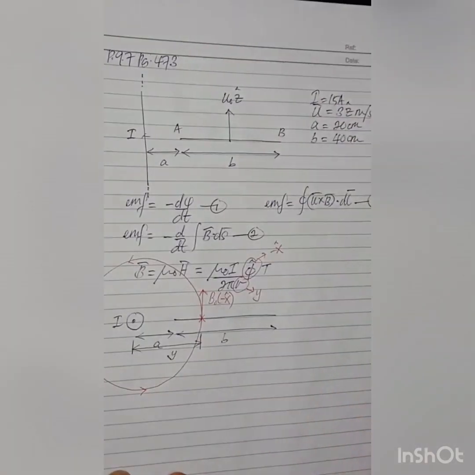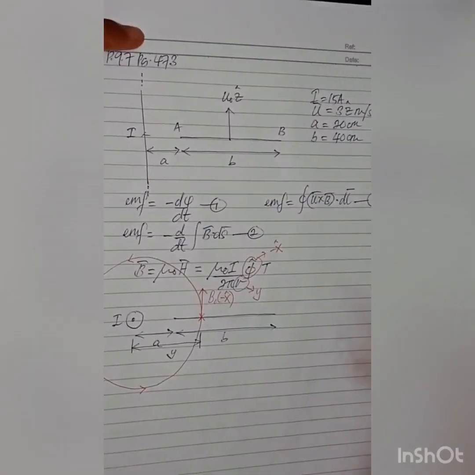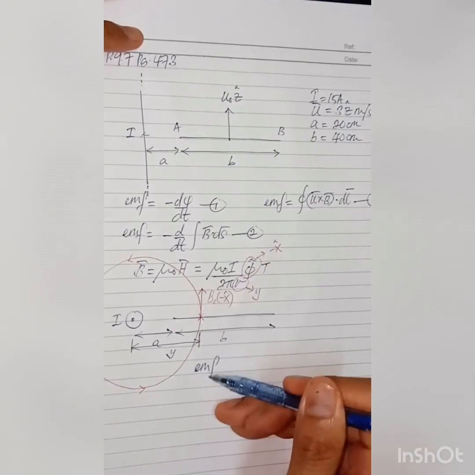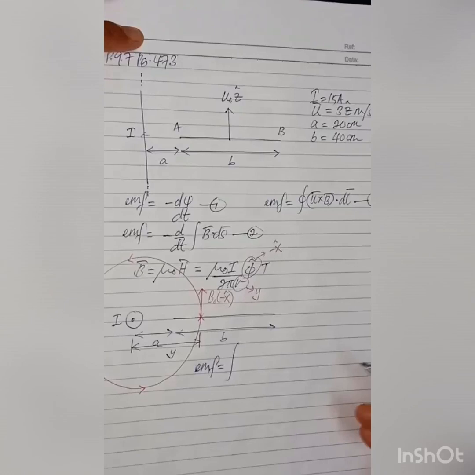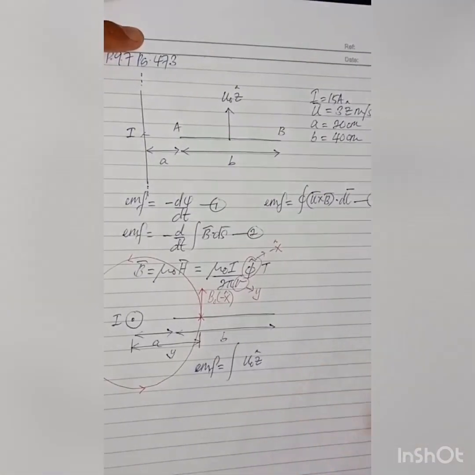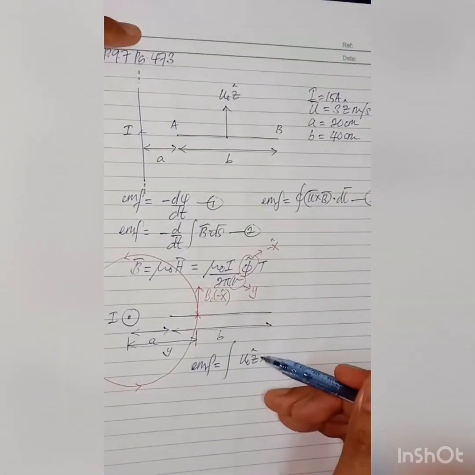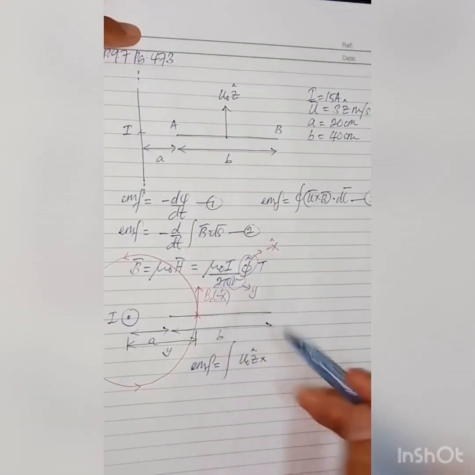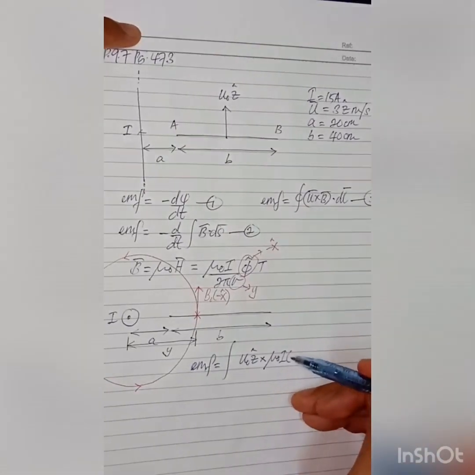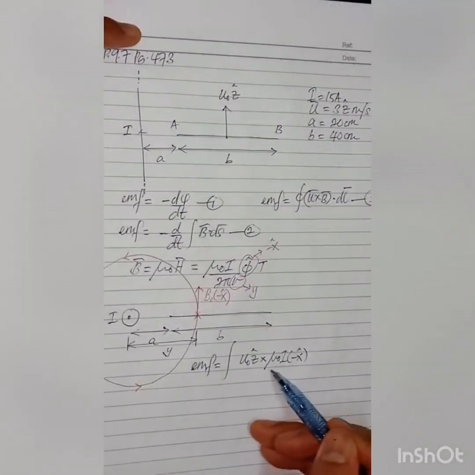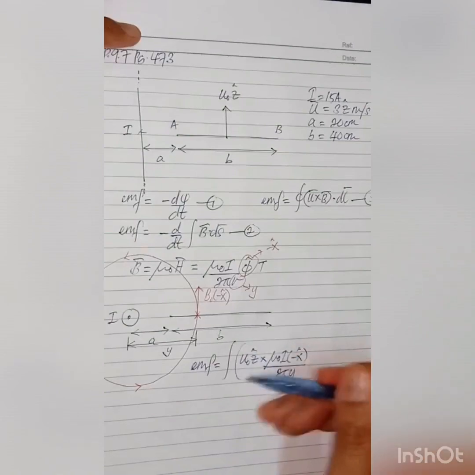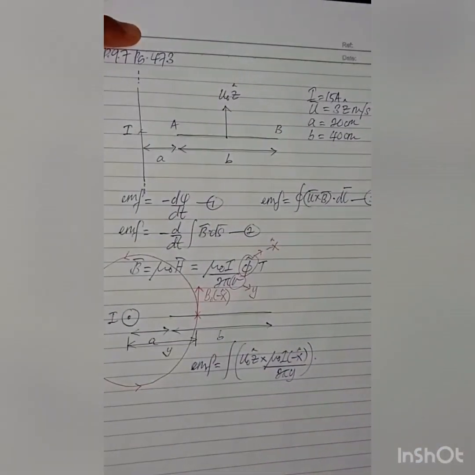So let's do it together. Now we have here the EMF integration, the u here is u naught in the z direction, right? And then cross the B as we obtained earlier. Just put everything: mu naught I in the negative x direction over 2 pi y, and now the L term.